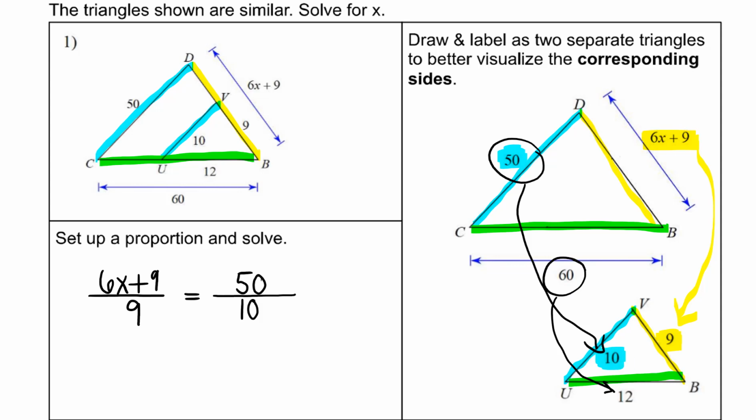Now that we've set up a proportion, we can cross multiply to solve. But anytime you have a group, such as 6x plus 9, you must put parentheses around it to remind yourself that when you cross multiply, you will also need to distribute.